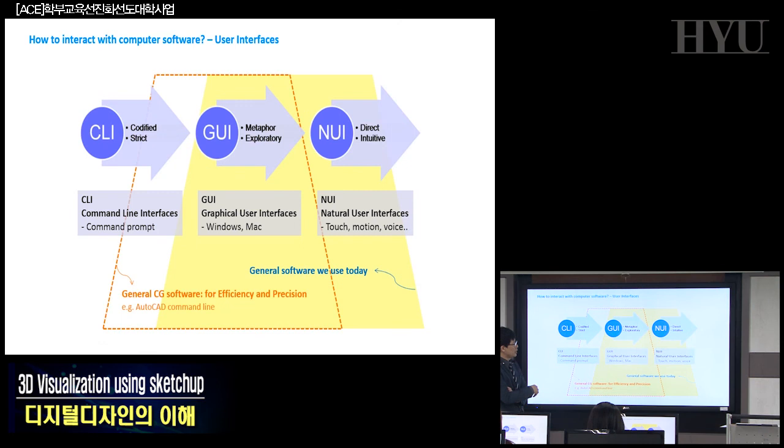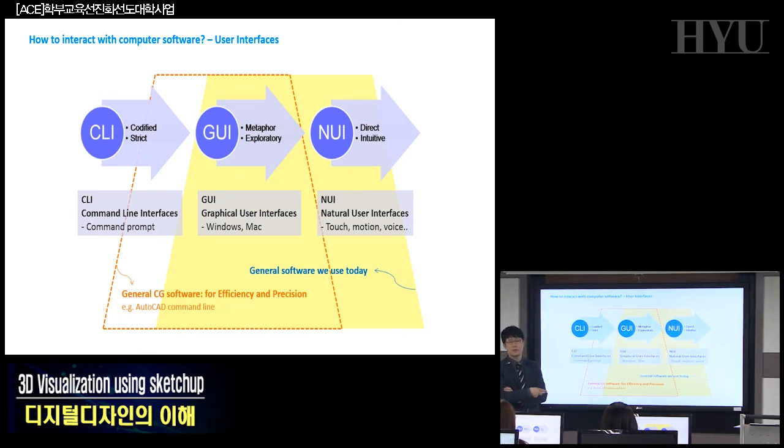But actually, what you have to learn for 3D modeling, 3D visualization as an interior architect, they are all within this area. Mostly GUI, but some command line we need, such as AutoCAD command line interface or some SketchUp command line interface.